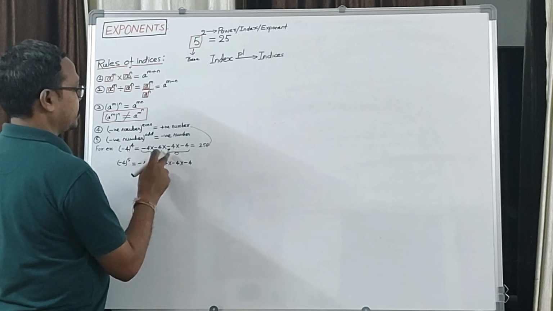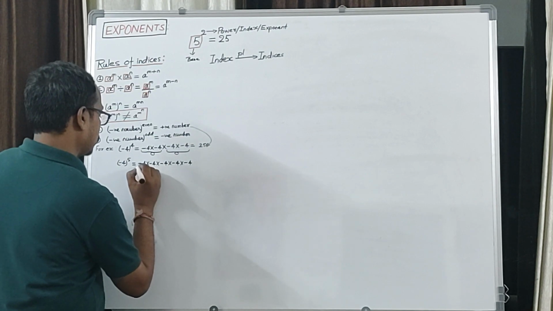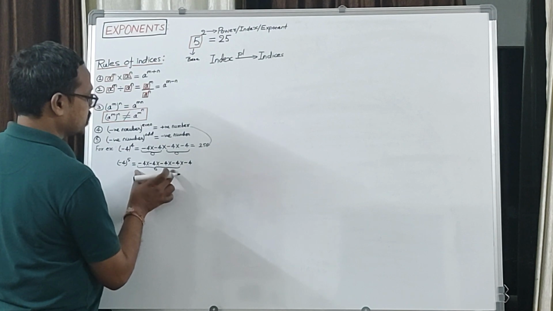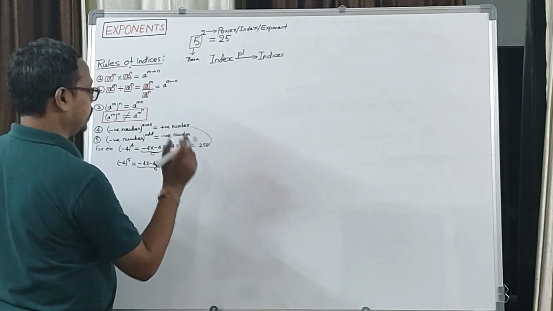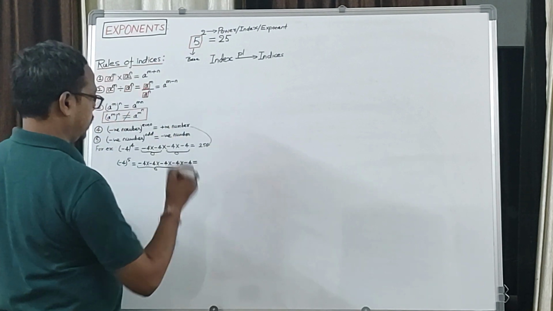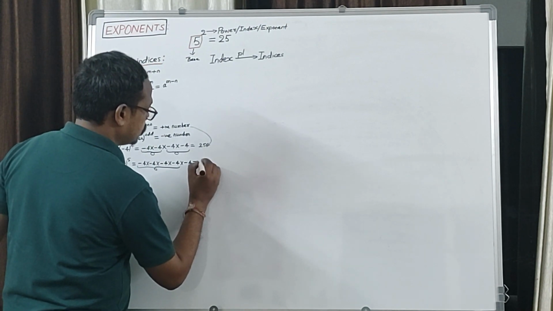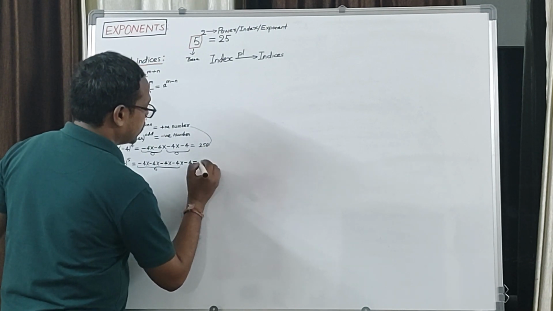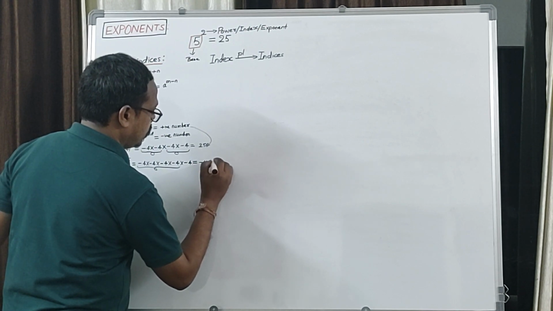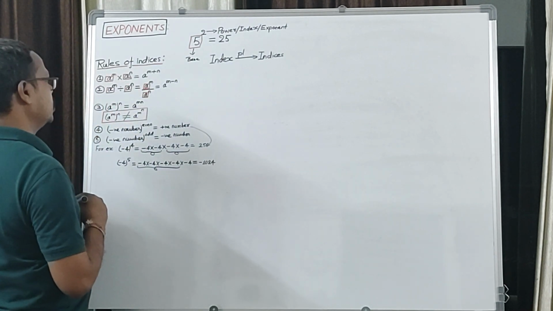Four times minus 4 is positive. So this positive thing is getting multiplied by a negative thing. So positive into negative will give you a minus thing, right? So 256 into 4, that becomes minus 1024. Minus 1024. Okay, right?